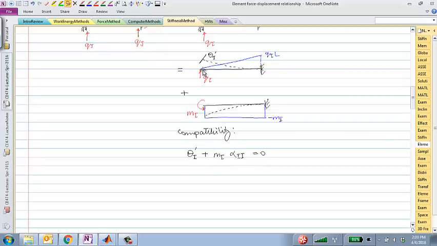What would be the rotation at the end of a cantilever beam? Say again. Okay, yeah, moment area method.